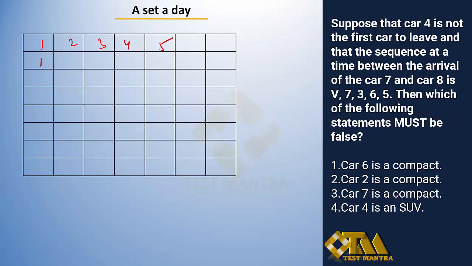So now here it's 1, V, 3, 4, 5. Right. Then here if I insert car 6, that does not match up with our arrangement here.